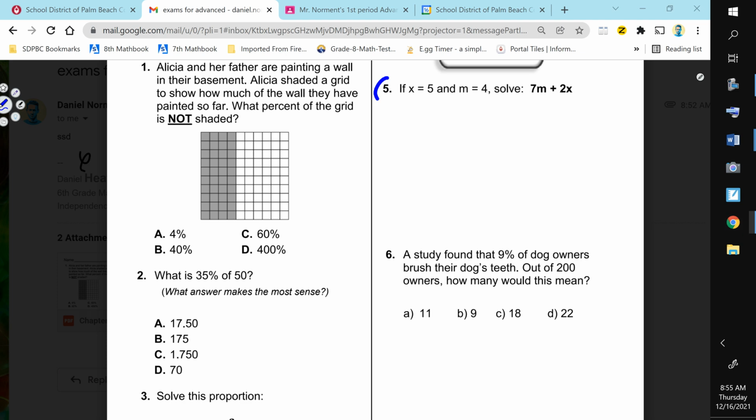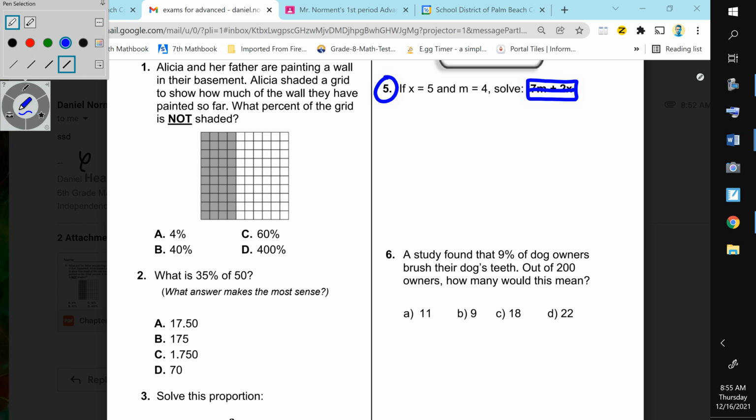Number five. Now, I'm not going to do this one, but I'm going to do one similar. Let's say it was 6x plus 2m. So what I would do when I solve this is take 5 and put it for x.